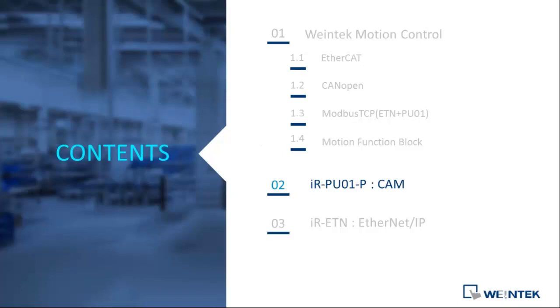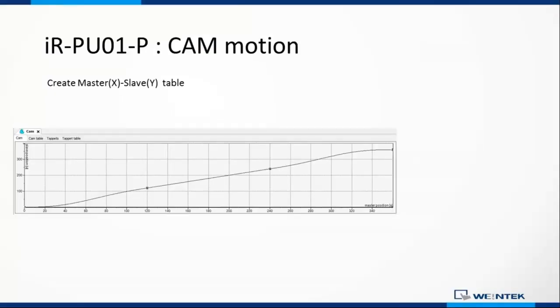So after our control solution, we're going to talk about some new functions of the iR series. The first is CANmotion on iR-PU01. CANmotion is one of the synchronous motions. One axis is the master, and the other one is a slave.